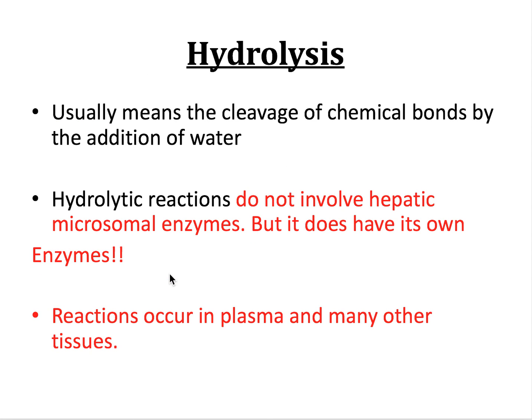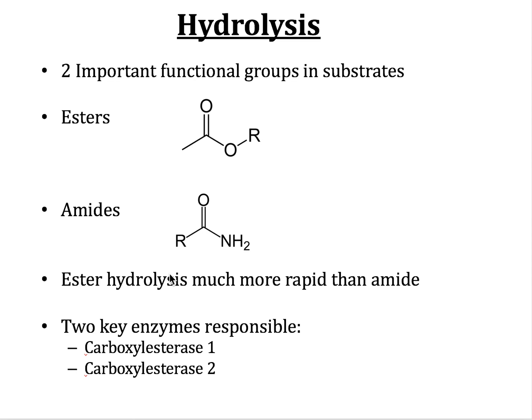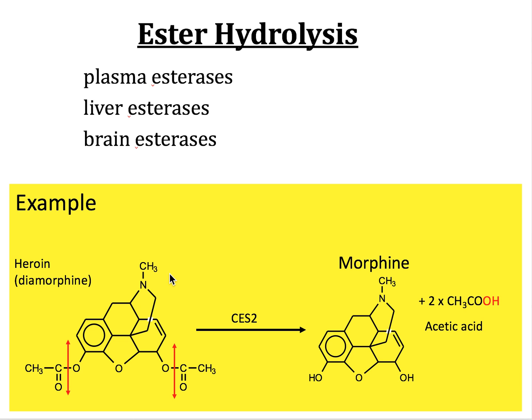Hydrolysis, mainly look for esters and amides. Examples are plasma esterases, liver esterases, brain esterases. So esters are more common. It can be done via any type of esterase. Heroin is usually broken down to morphine via carboxylesterase 2.